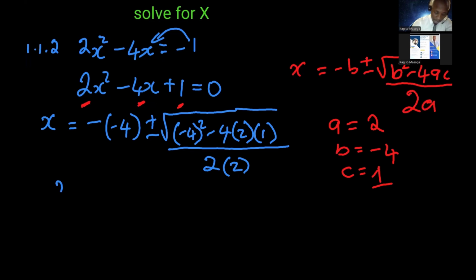Now here we continue. x is equal to 4. Remember, a negative times a negative gives you a positive sign. So now it's positive 4, plus or minus the square root of, so we take our calculator and do this calculation.